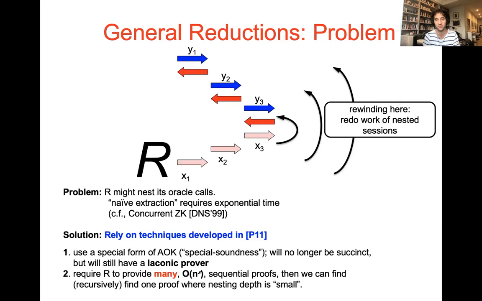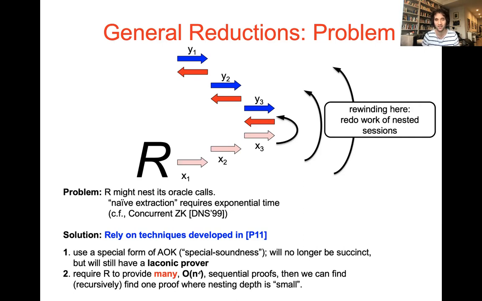The second thing that we need to do is modify the attacker to not just ask for a single argument of knowledge for this knowledge of the preimage, but rather the attacker requires the reduction to provide many sequential arguments of knowledge. And it's only after hearing all of the sequential proofs of knowledge and all of them being accepting that the attacker is going to respond with a preimage.